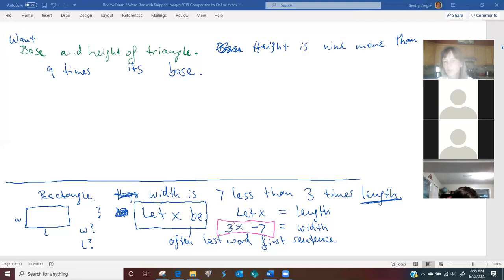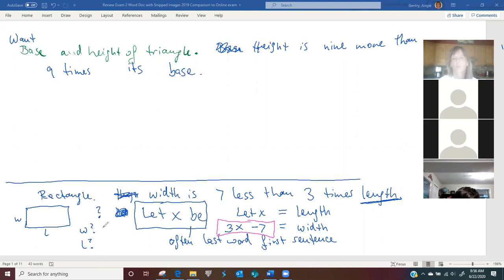And now this translates nicely. You can double check it against the wording: the width is 7 less than 3 times the length. Then if they gave you the area of that rectangle, you would multiply the width times the length and figure out what each piece is. So that's the goal later.